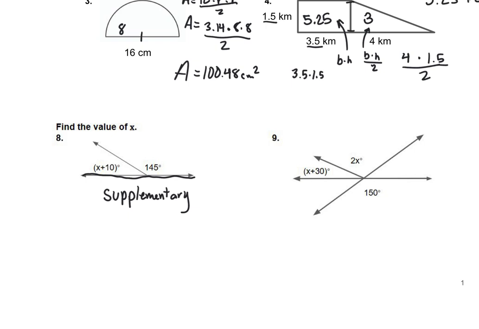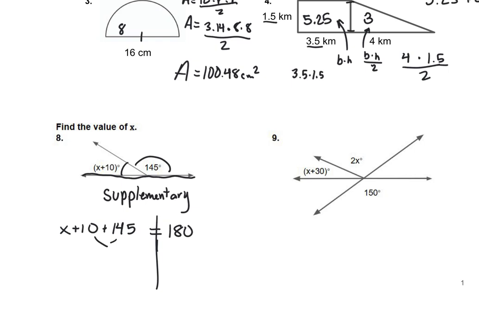Because of that, I know that whenever I'm done, these 2 need to be equal to 180. Well, what 2 angles are making up 180? I have 145, that's this part, and my other part is made up of x plus 10. So I know that put all together, I should end up at 180. Now we're just going to do some simplifying and solving.